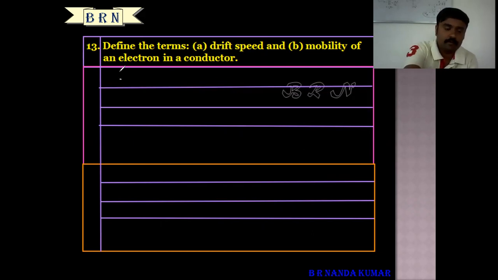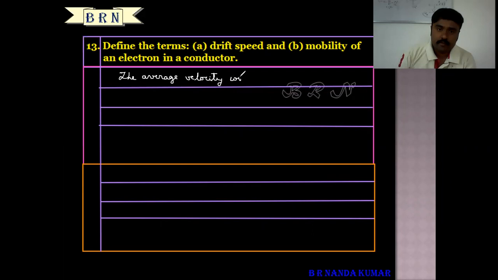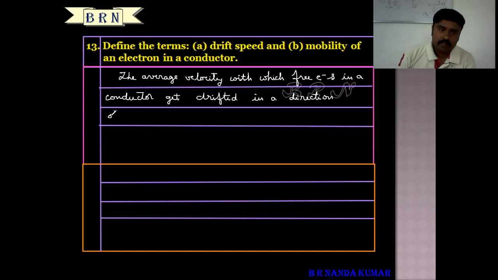What is the meaning of drift velocity? That is the average velocity with which free electrons in a conductor get drifted in a direction opposite to the direction of applied electric field.